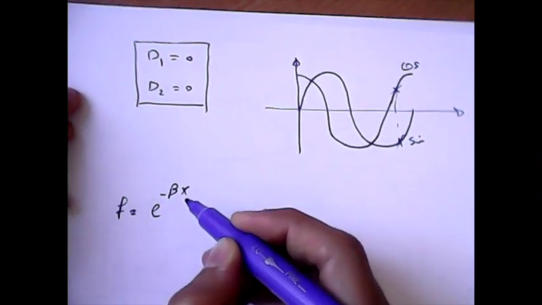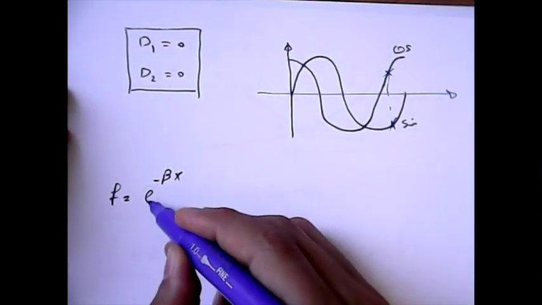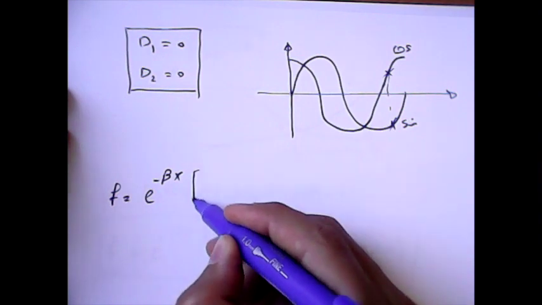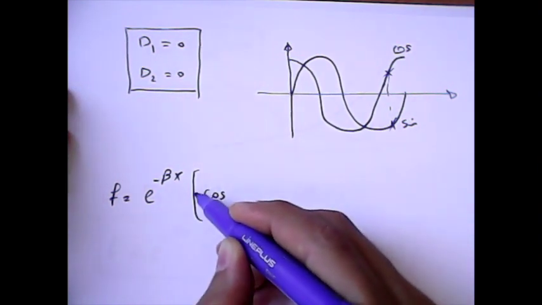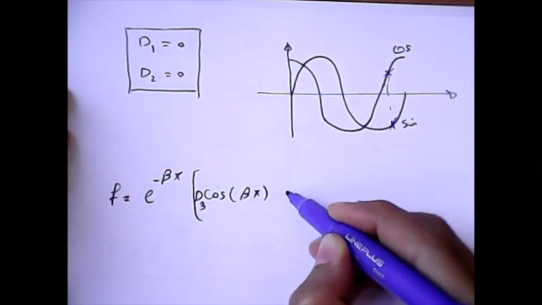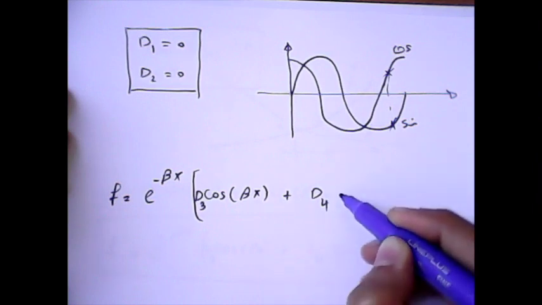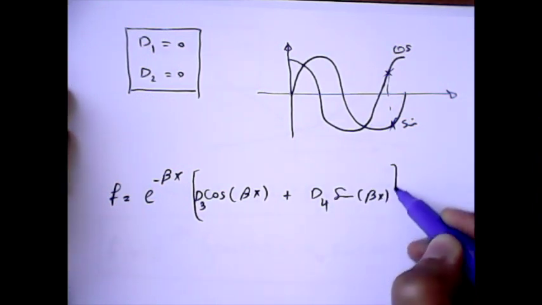That's a good term, which made our solution go to 0 as x goes to infinity. e to the power minus beta x times d3 cosine beta x plus d4 sine beta x. Okay, that was pretty neat.